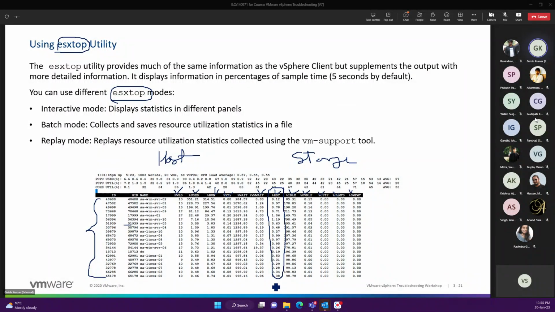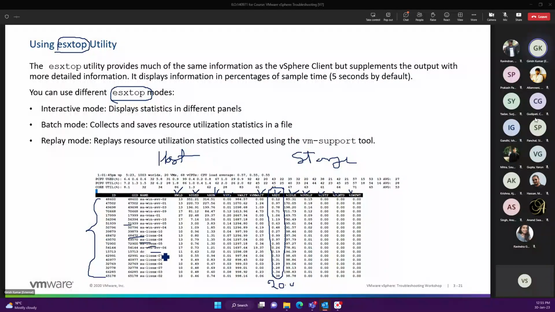But sometimes if it's showing 20 point something, that's not good. This %RDY value is acceptable only if less than or equal to 10. More than 10 means there must be CPU saturation, CPU contention. And at which VM level, that you can also see.